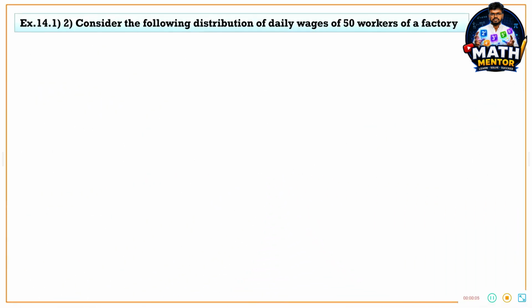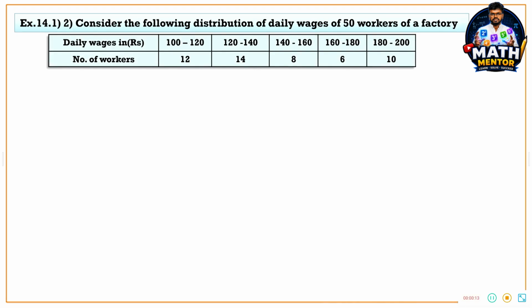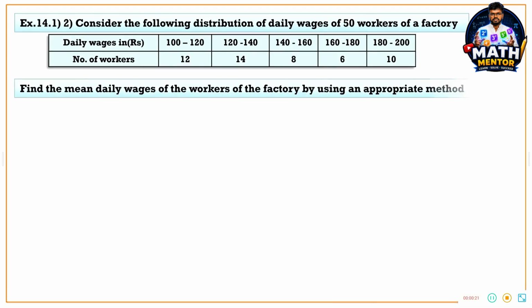The first question is: consider the following distribution of daily wages of 50 workers of a factory. The data is daily wages in rupees, 100 to 120 and so on, and number of workers 12, 14 and so on. We need to find the mean daily wages of the workers of the factory by using an appropriate method.